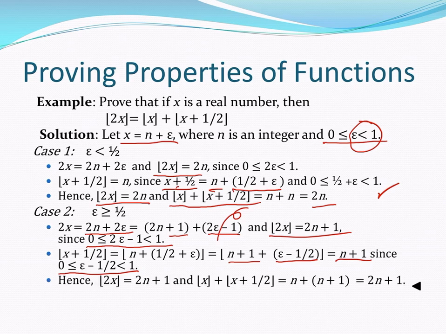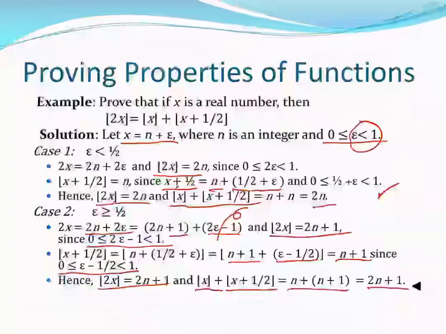And I'll combine those all to get that the floor function of 2x is 2n plus 1. The floor function of x plus the floor function of x plus 1/2 is n plus n plus 1, which is also 2n plus 1. And we've proven it for the second case and all of the cases. So this proposition is proven.